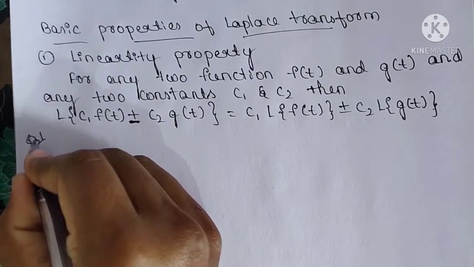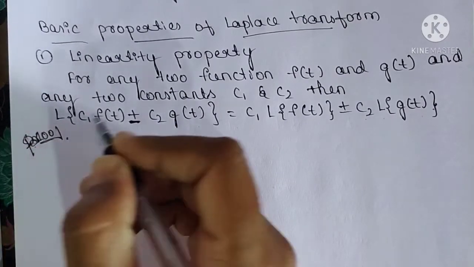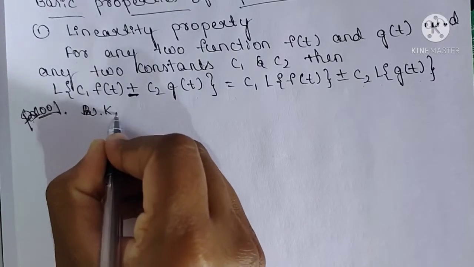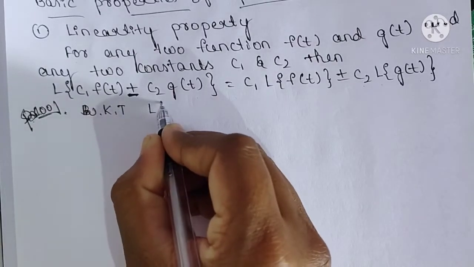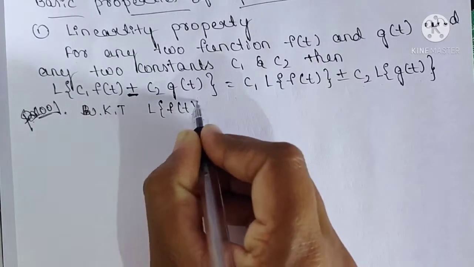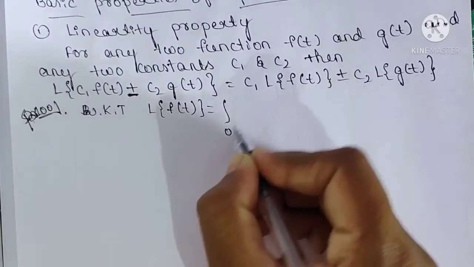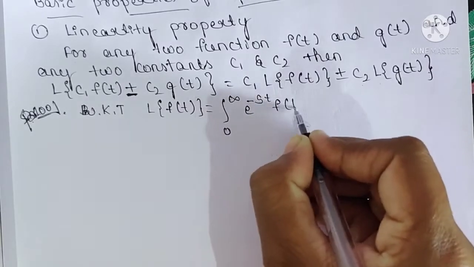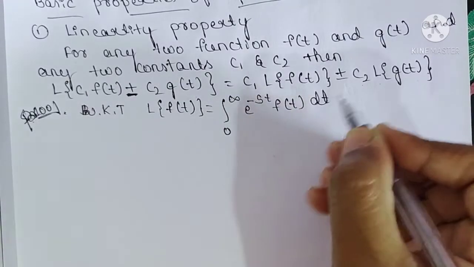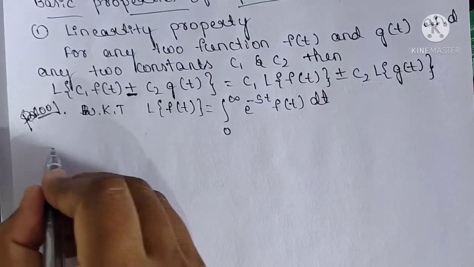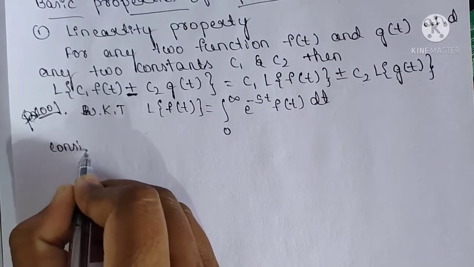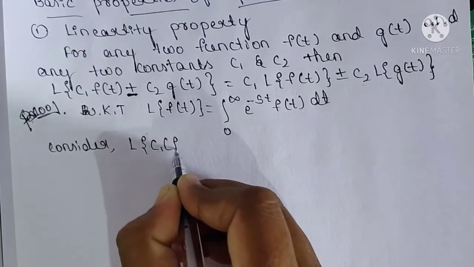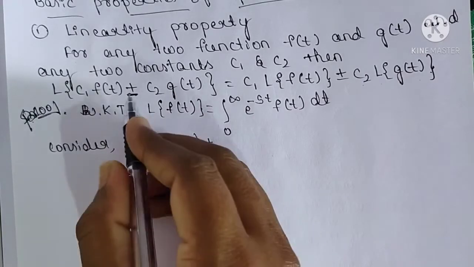Now let's see the proof. By the definition of Laplace transform, we know that L of f of t is equal to the integral from 0 to infinity of e power minus st into f of t dt. Now consider L of c1 f of t plus or minus c2 g of t.